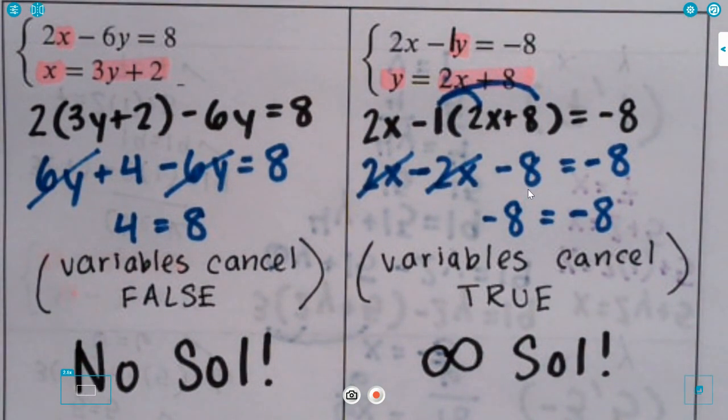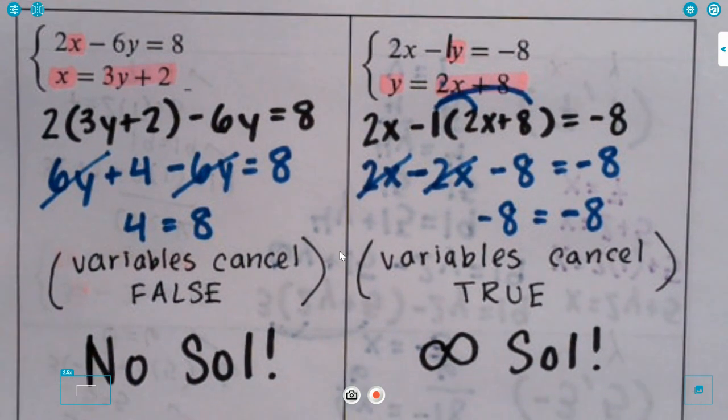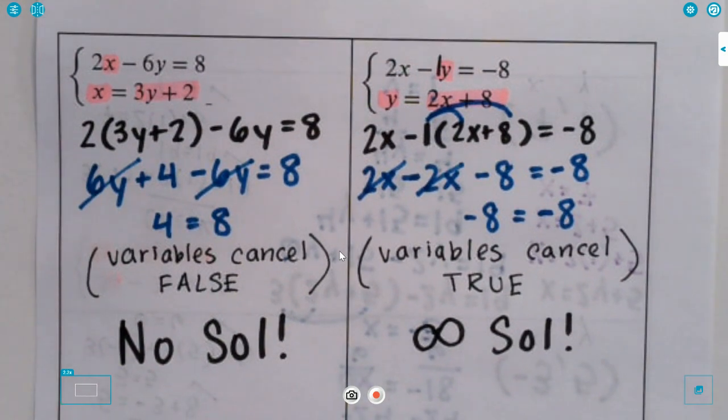Okay. So we substitute in, solve for our first variable, substitute that in, solve for our second variable. If our variables cancel out, though, that's when we get no solutions or infinite solutions. Does anyone have any questions right now?